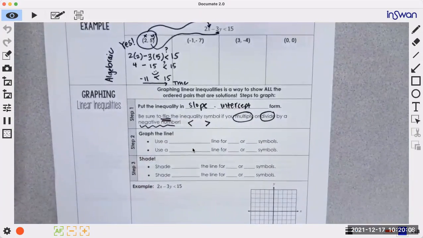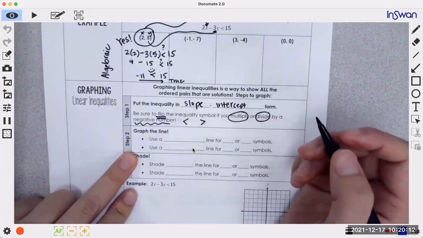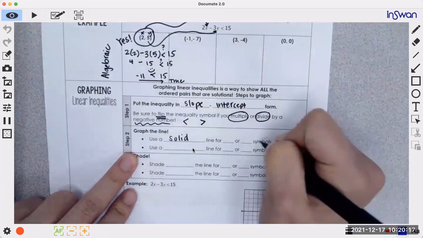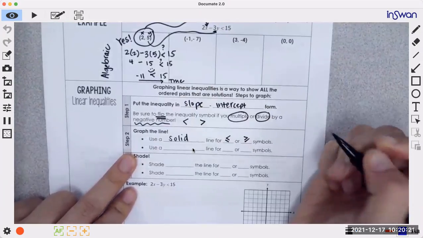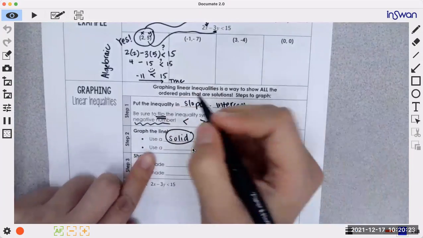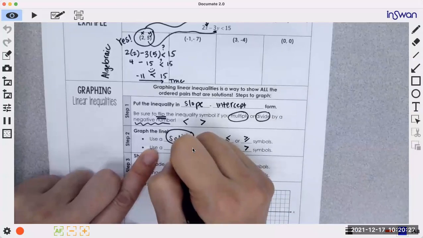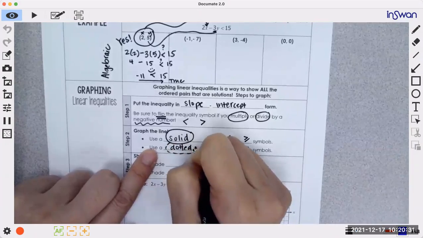And then you go ahead and graph the line like normal, except remember that if it has a less than or equal to or greater than or equal to symbol, you're going to use a solid line. And if it is without the equals underneath, then you're going to use a dotted or dashed line. Okay.